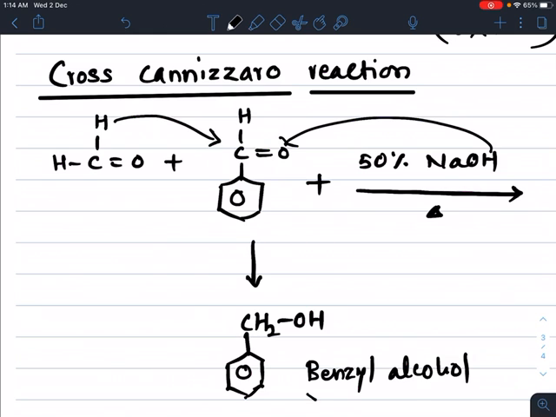The name of this compound is benzyl alcohol, the reduced product. Addition of hydrogen takes place with the benzaldehyde, and we get benzyl alcohol plus the other, remaining formaldehyde, which is oxidized.